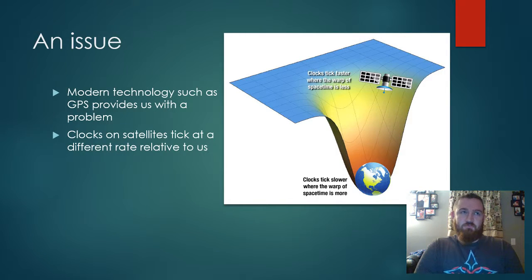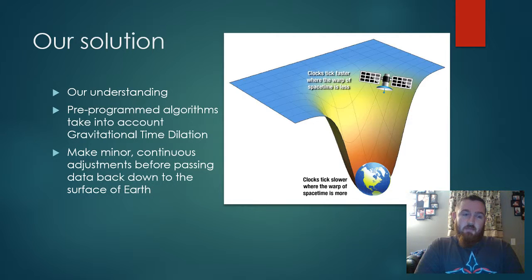An issue that gravitational time dilation provides us with is our modern technology, such as a GPS satellite. Clocks on satellites tick at a different rate relative to us because they are further away from Earth, which is the gravitational source that's causing time dilation.